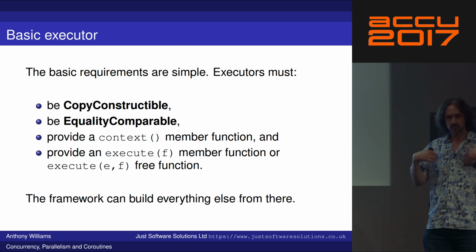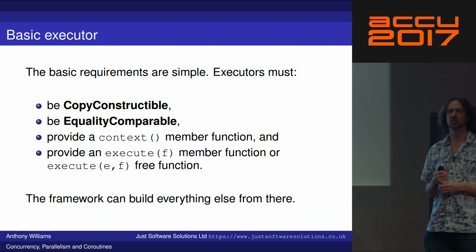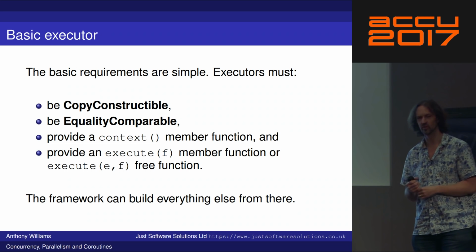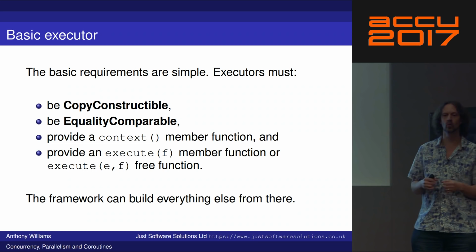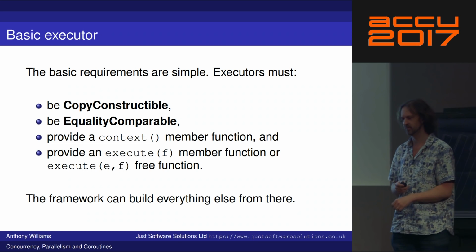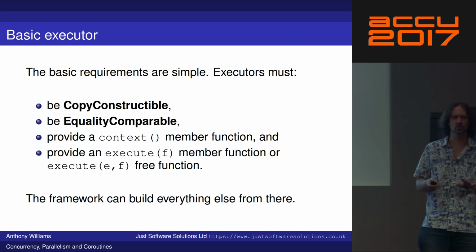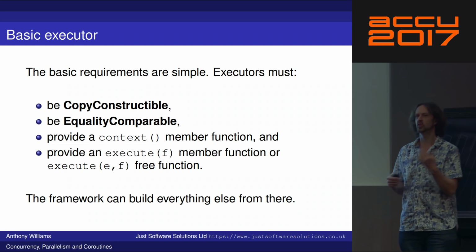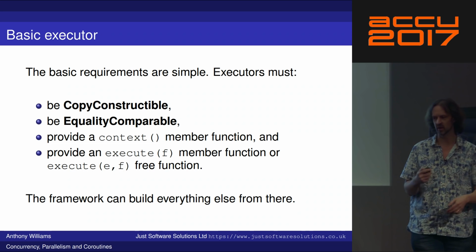Then it will run your function somewhere, somehow. And obviously, quite where and quite how is the core of why you've chosen that executor rather than another one. And the framework can then build just about everything else on top of that. But you can specialize things as you choose appropriately.